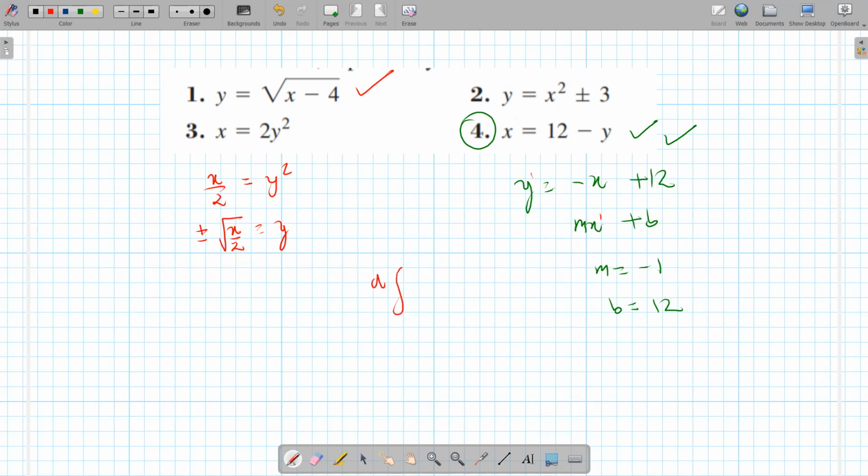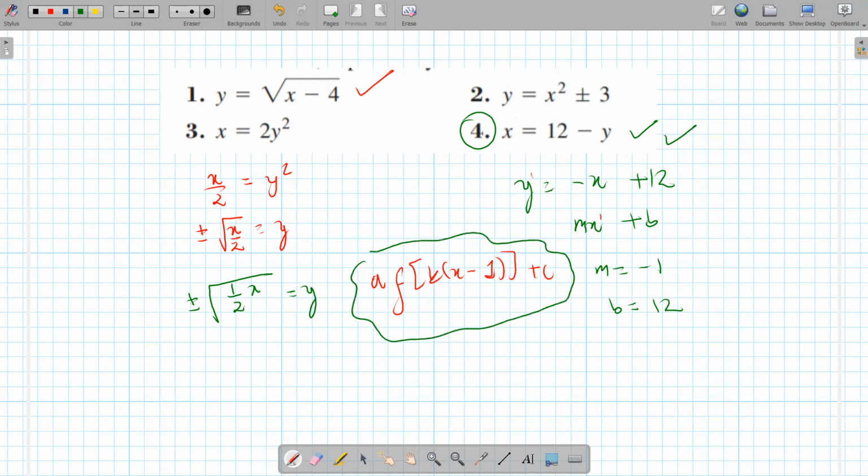Every transformation has this rubric: a, f the function, k times x minus d inside the function itself, plus c. Now, if you notice, k is what's multiplied with x inside the function, right? So over here, you're multiplying the x inside the function with 1 over 2, right? This is for transformations.